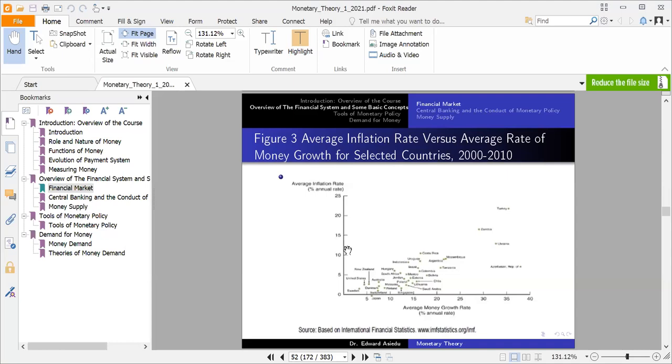In a high inflation environment, if your central bank increases the amount of money in circulation or even goes in and prints more money, that means that the average money growth rate will increase. So you increase the growth rate of money, and so the amount of money in circulation increases, that can lead to inflation.